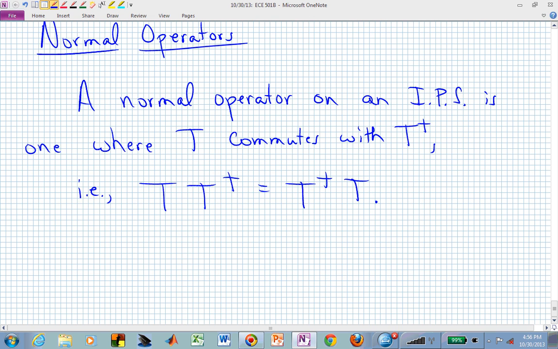You could first apply T and then the adjoint, or you could go back to your starting vector and apply the adjoint and then T, and you get to the same spot. Or those maps behave the same. It doesn't really matter the order with which you apply them.